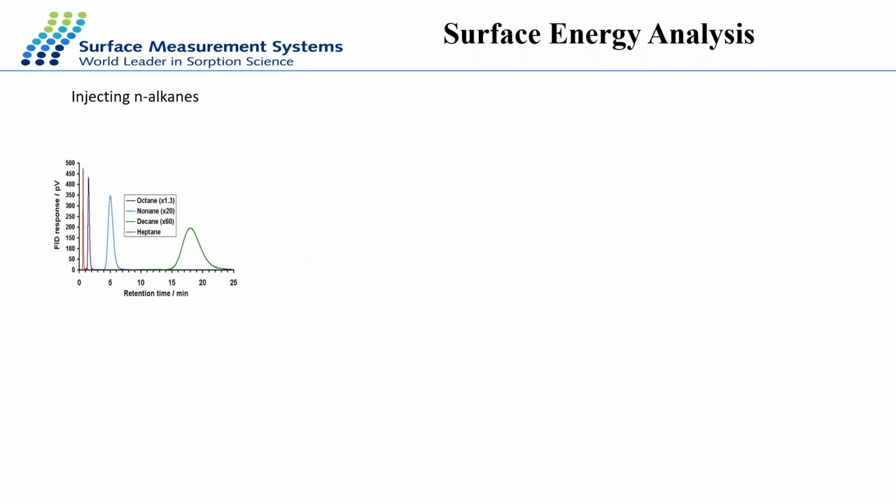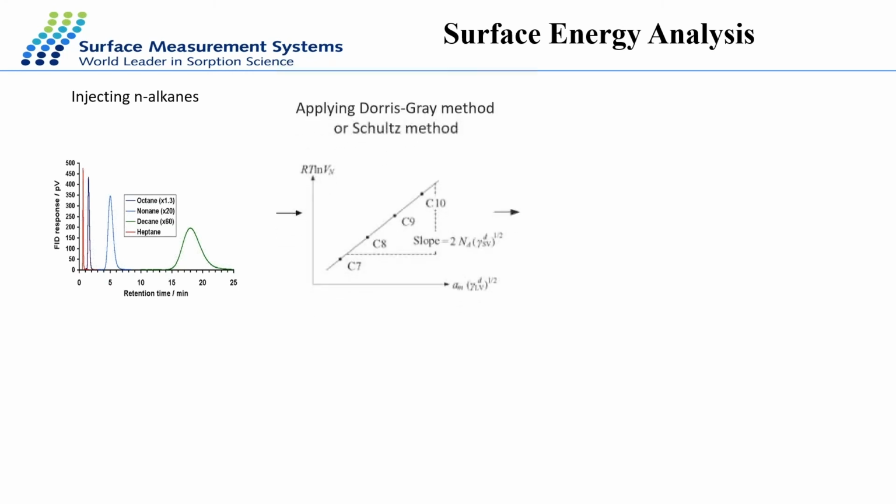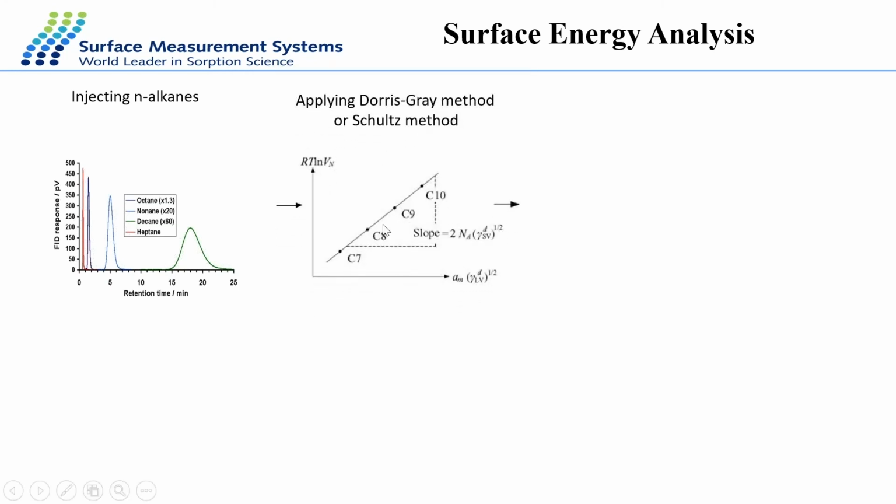So if you would like to determine the dispersive surface energy, you need to inject normal alkanes. If you inject the alkanes, you can get the alkane line, and from the slope of this line, the dispersive surface energy can be determined.